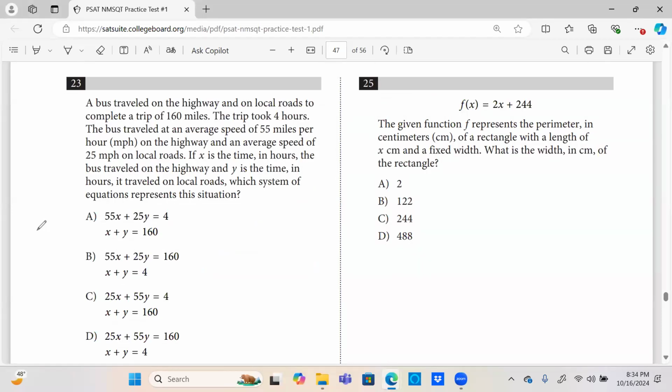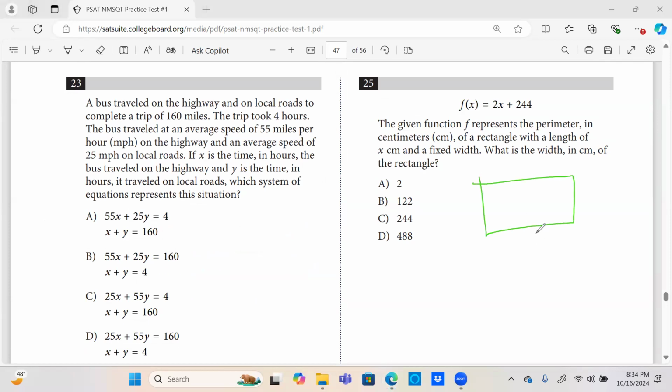We have a function for 25. This represents the perimeter of a rectangle with a length of x and a fixed width. What is the width in centimeters of the rectangle? The function is the perimeter of a rectangle with a length x and a fixed width. Okay, so let's draw a little rectangle here.